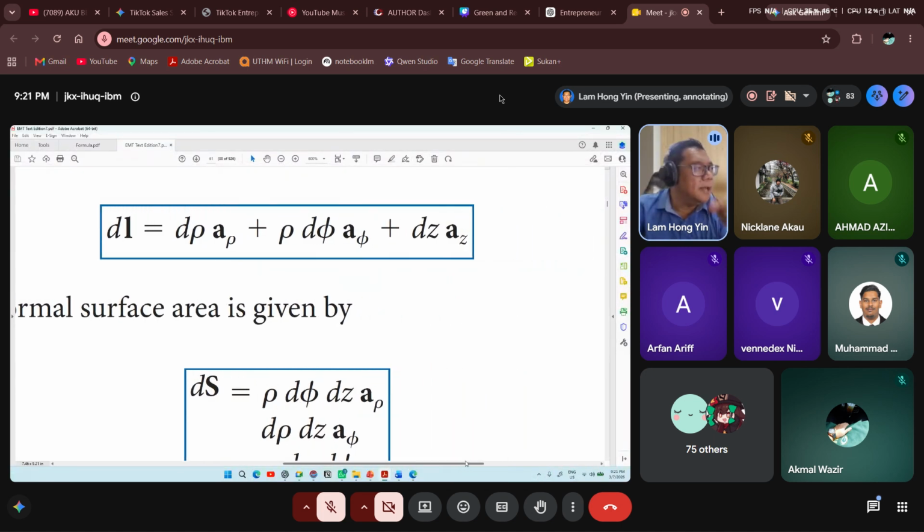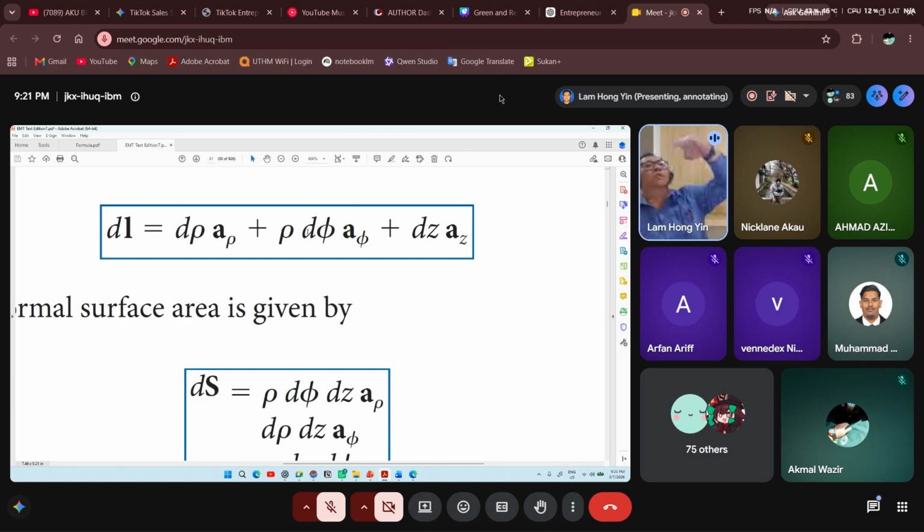You have dl, the change of the length, which can involve the change of the radius towards the direction of the radius, or the change of phi. But when you change the length of phi, you must include rho, the radius, together.